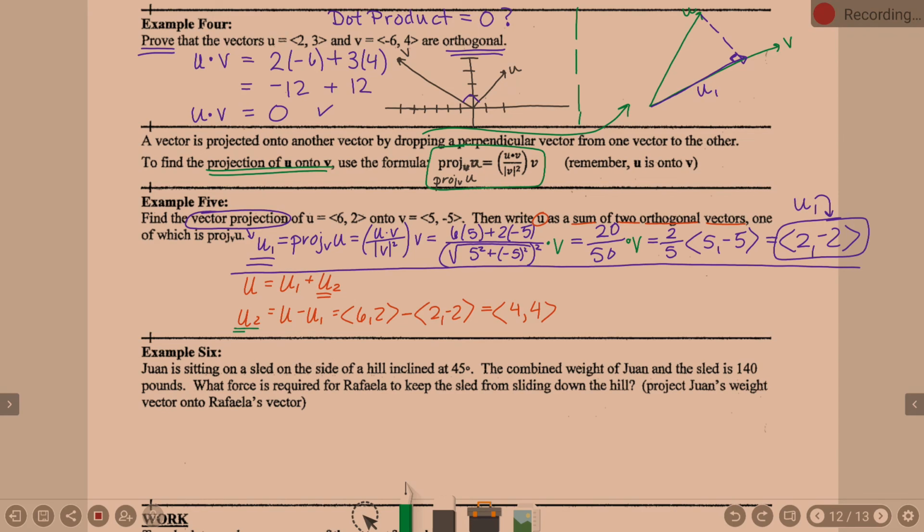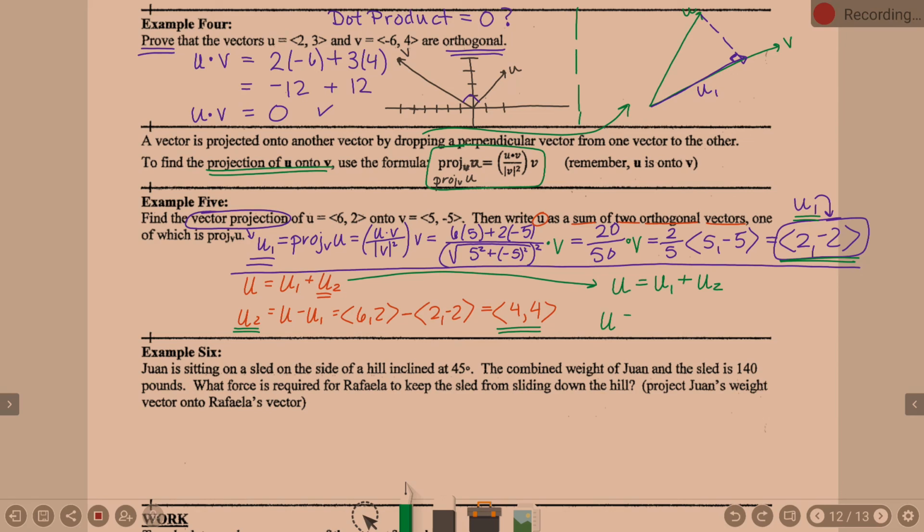This is u2. We're supposed to be writing u as a sum of 2 orthogonal vectors. We know u2. We also know u1. Are you seeing where I'm going with this? I want to write u as a sum of 2 orthogonal vectors. So I'm going to write u as u1 plus u2.